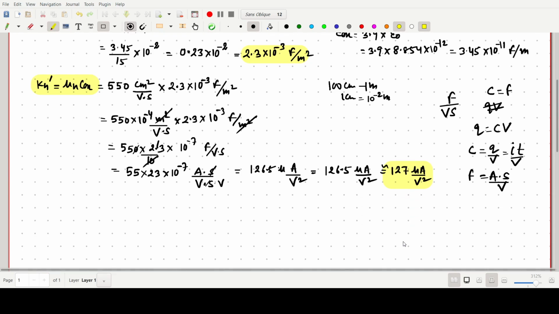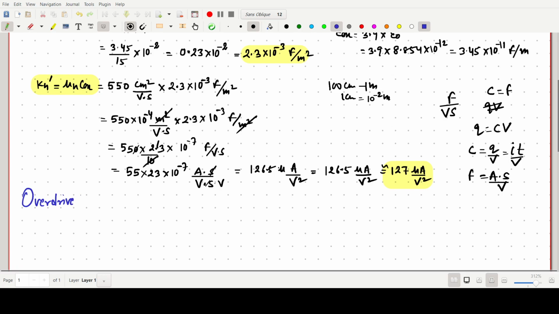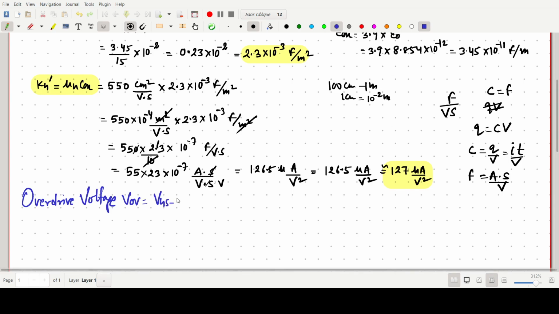So now the third part is we have to find out the value of overdrive voltage, okay. That is our VOV is VGS minus VT.